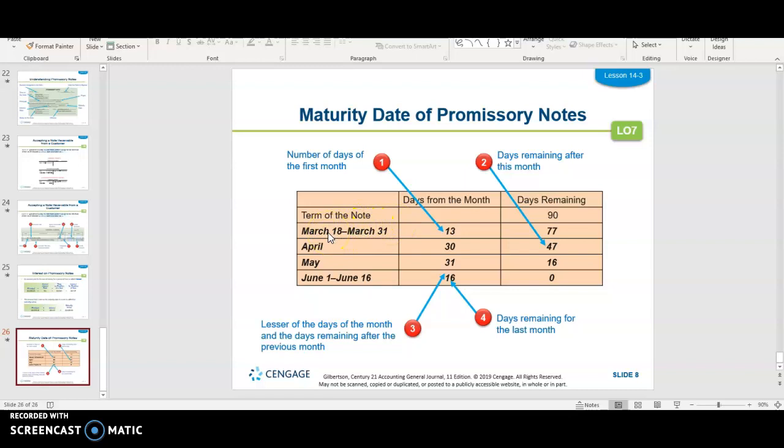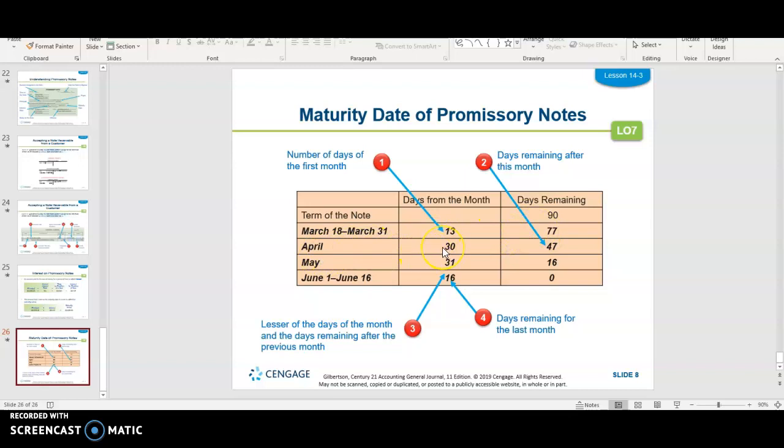To figure out the due date, in March I took the note out on the 18th. There's 31 days in March, so 31 minus 18 is 13 days. So I had 13 days in March. 90 minus 13 is 77, so I have 77 more days remaining on this note.